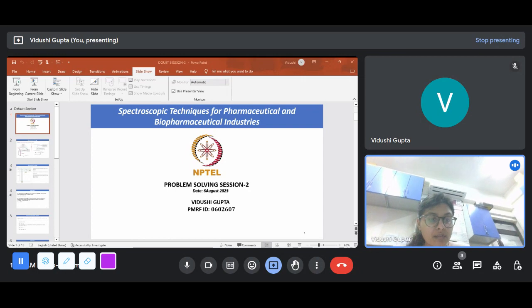Now substitute the values. The value of R is already given in the question. In the question it's from third orbit to the second orbit, so the values will be 3 and 2.